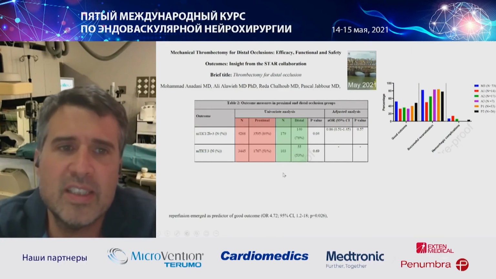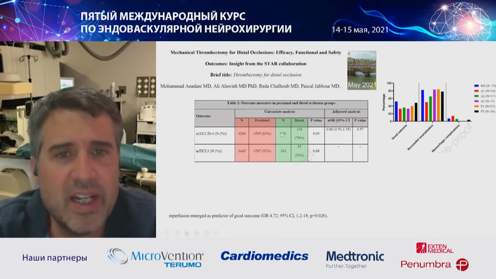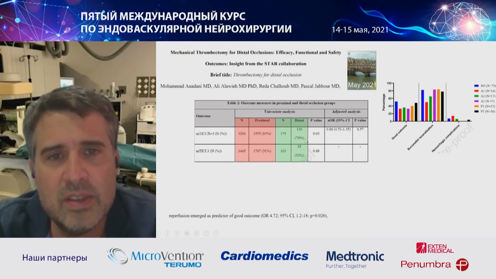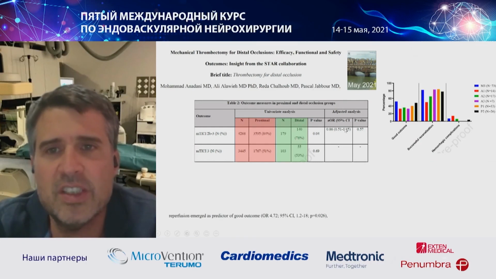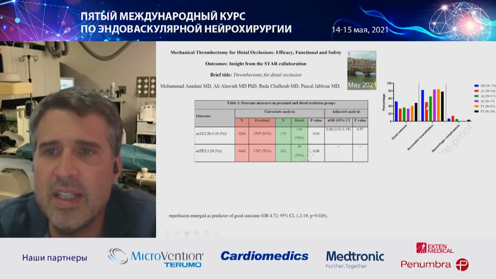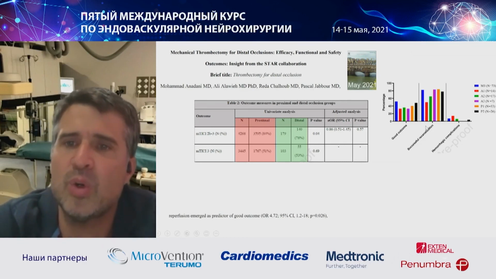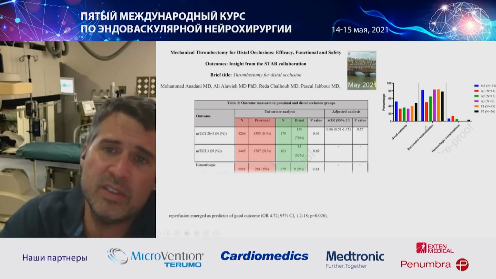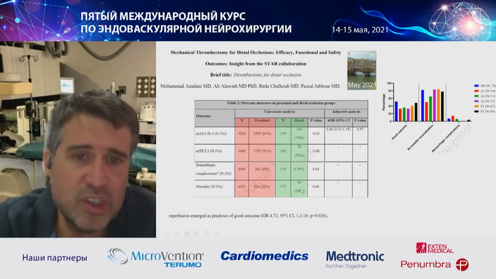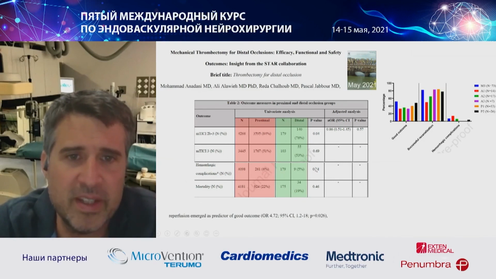And here you can see the rate of complete recanalization might be a little lower, 78% for distal occlusion, and especially you see it was a little lower for A1 and A2 occlusions. However, the complications again were similar, mortality, hemorrhagic complications.